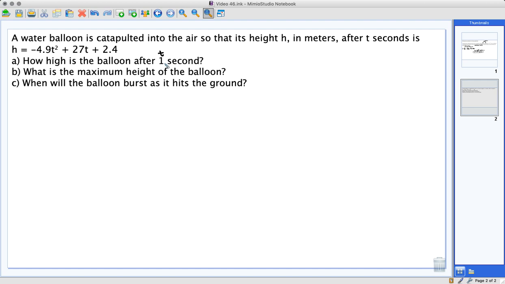So we're going to take our t and plug it in. We're going to have h equals -4.9 times 1 squared plus 27 times 1 plus 2.4. Then we're going to use our calculators.